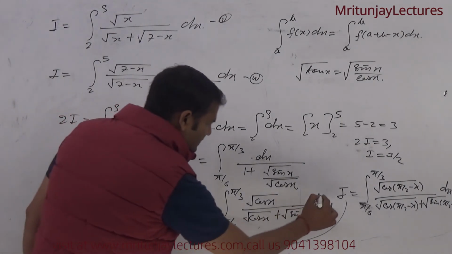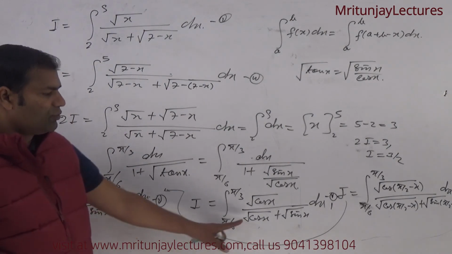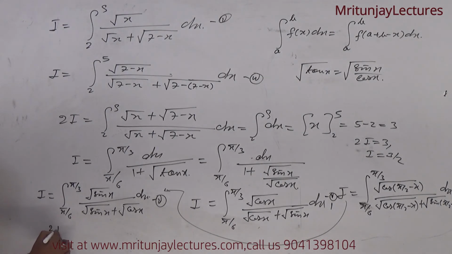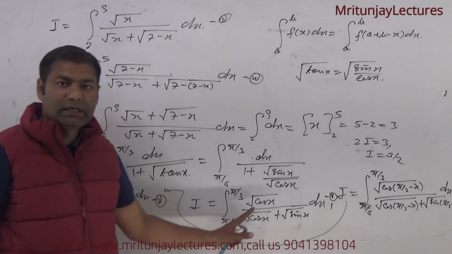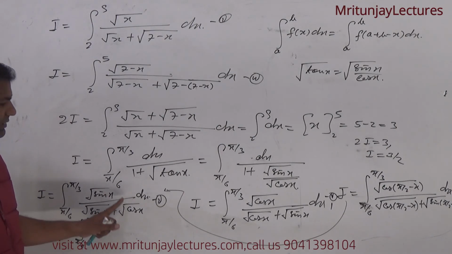Now this is equation number 1 and that is equation number 2. If adding both 1 and 2, then we got 2I equal to the integral from pi/6 to pi/3 of (root sin x plus root cos x) divided by (root sin x plus root cos x) dx.